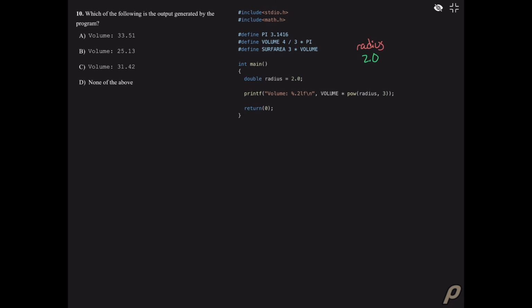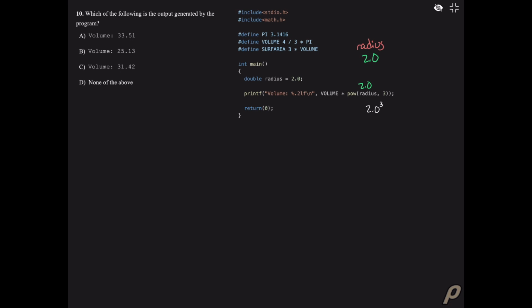Okay, so we'll plug that in down here, and we know radius is 2.0. And this pow, if you remember, in this math.h library up here, pow is the power. So the way this works is we'll just have 2.0 to the third power.